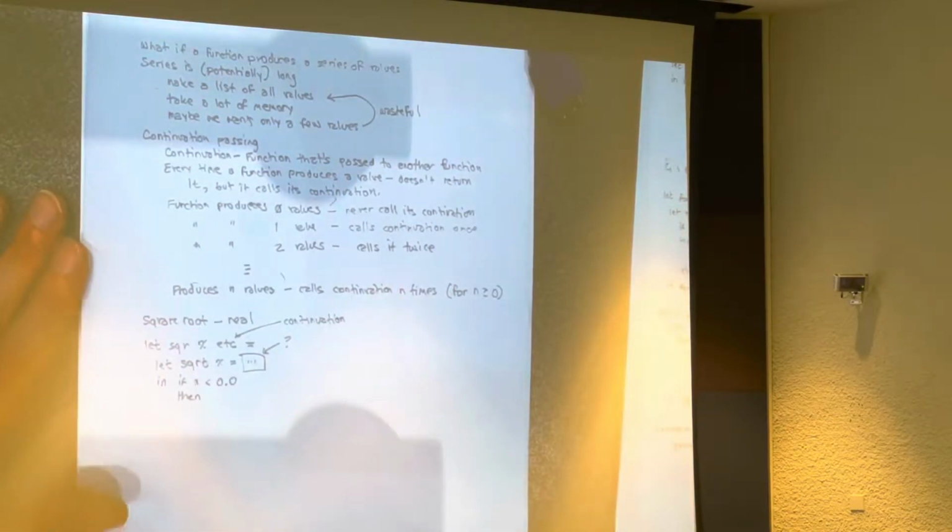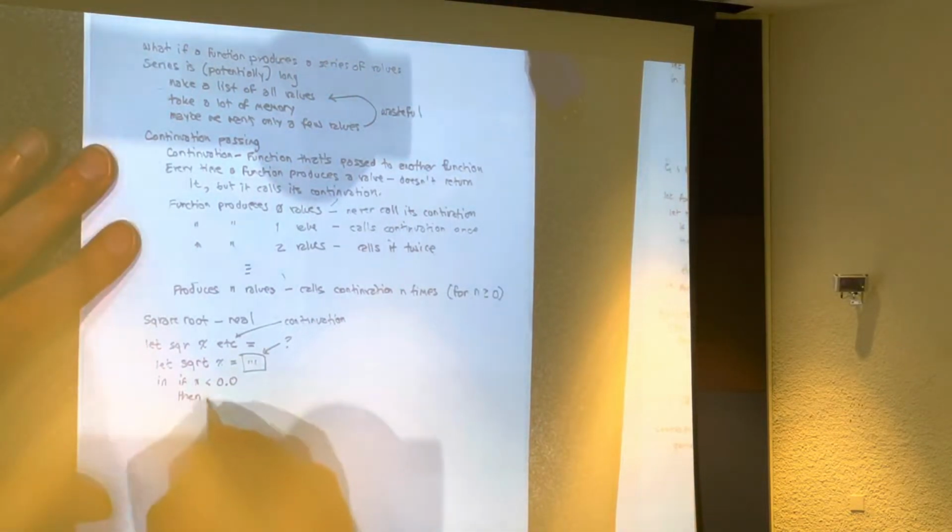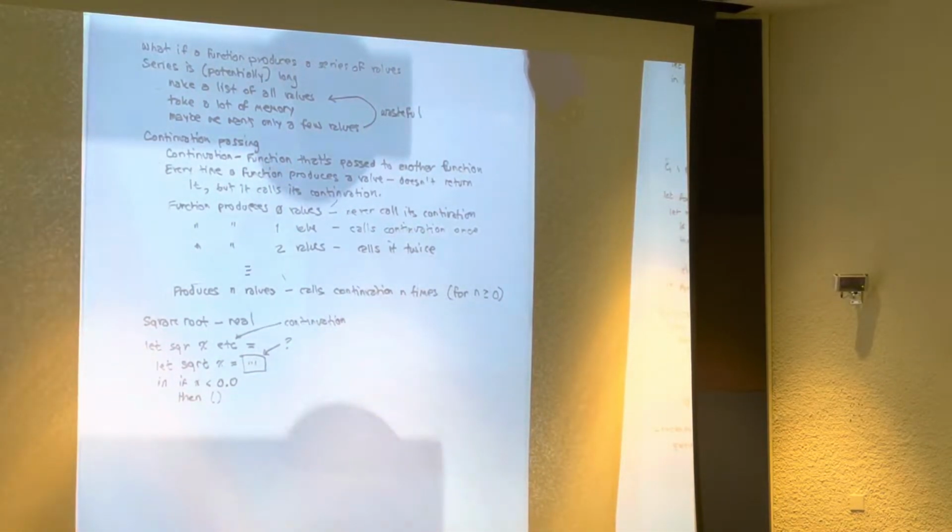Well look, if x is less than 0.0, then it's a negative number. There are no real results, so I'm never going to call the continuation. So I will return the unit object instead. I have to return something. OCaml demands that every function return something or other. But here it's going to just return this dummy value.